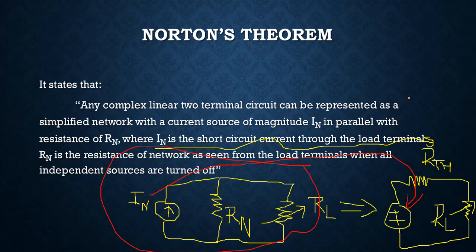There is a derivation related to that problem, and I will be posting that derivation on the group. Otherwise we are done with circuit theorems. I hope that you are now able to understand superposition, source transformation, Thevenin's theorem, and Norton's theorem. In the next week we will start the new topic, and till then it's goodbye.